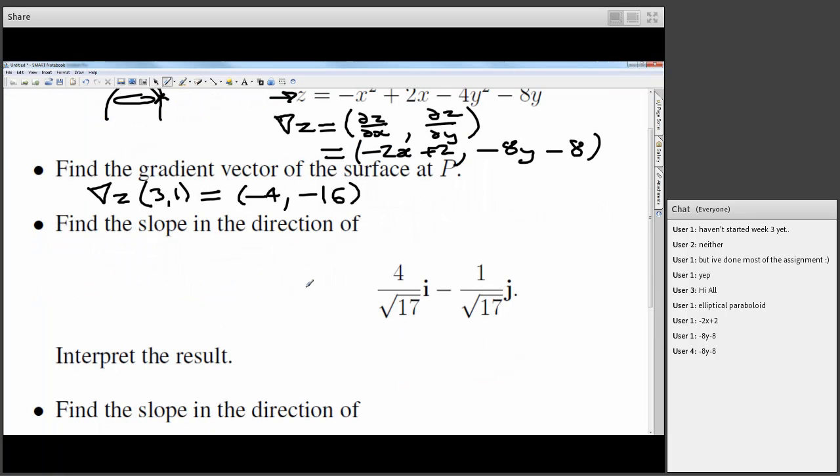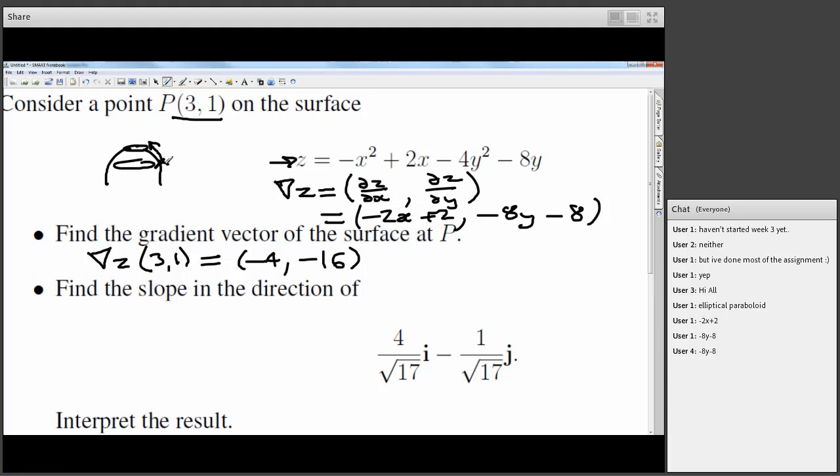So now we know this gradient vector, we can work out the slope in any direction from this point. So we've got this, call it u. So let's find the directional derivative in the direction of u of our function z. And the way to do that is just to take the dot product of our gradient vector with my unit vector. And again, this has to be a unit vector for it to work.